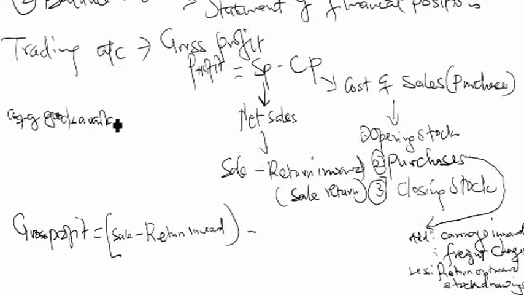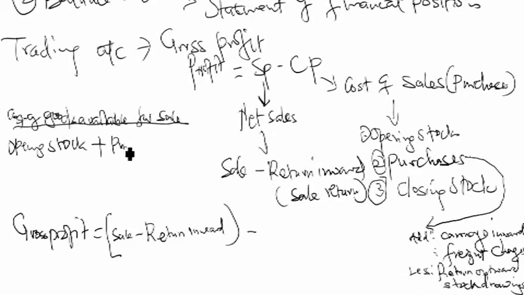available for sale. Cost of goods available for sale consists of the opening stock, plus purchases, and purchases you are adding together with its adjustment.